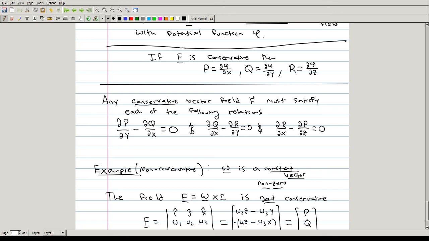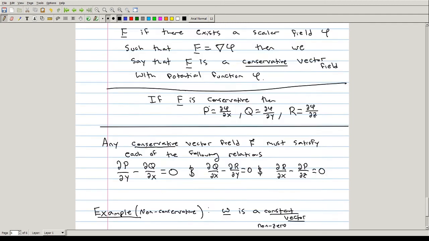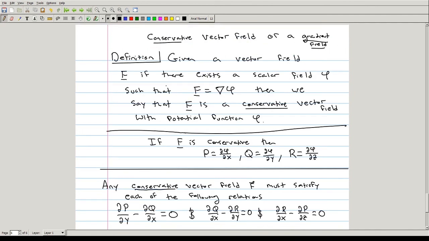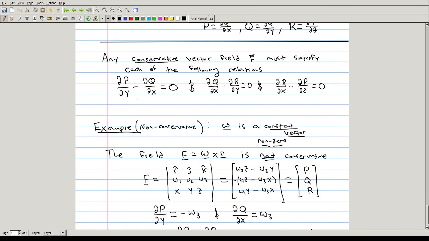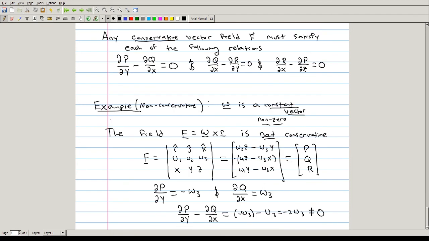This condition is going to involve the idea of the curl of a vector field, which is one of the more advanced ways of taking the derivative or evaluating the rate of change of a vector field. We talked before about how vector fields are more complicated than scalar fields themselves. But it turns out that a given vector field, if it's conservative, has to satisfy these three relationships, and we'll see why a little bit later on.